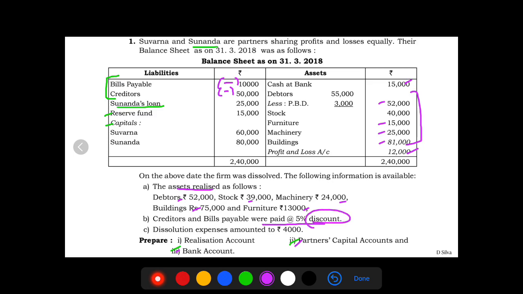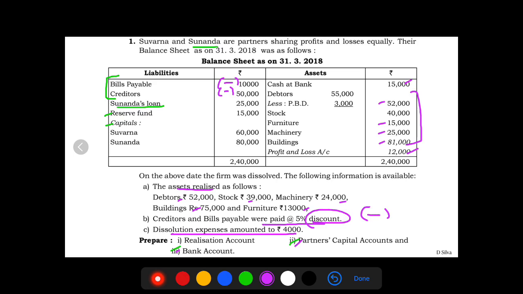Remember, whenever you get the term discount in your question, you have to straight away reduce the value. Dissolution expenses amounted to rupees 4,000, nothing but the realization expenses which is paid by the firm. The question is silent, students. We need to understand that it is being paid by the firm.